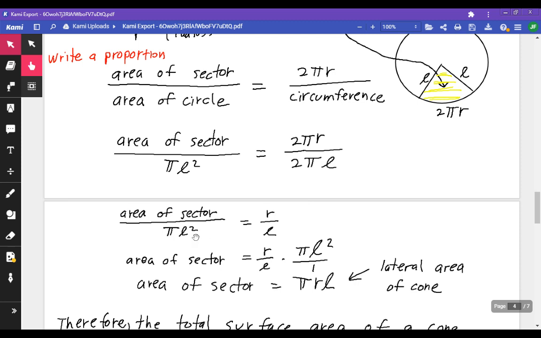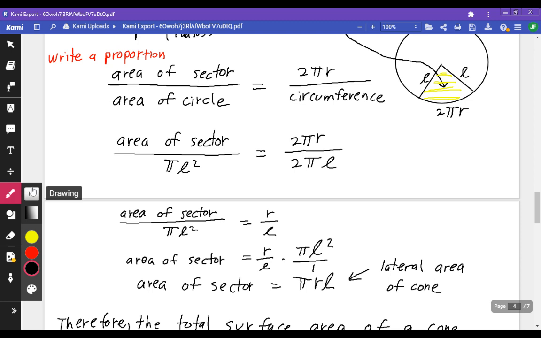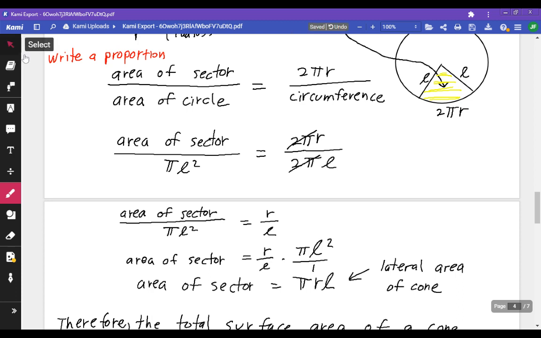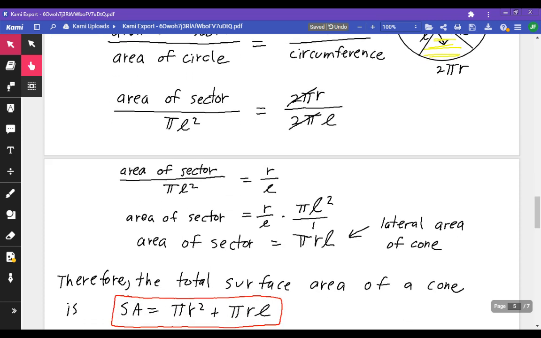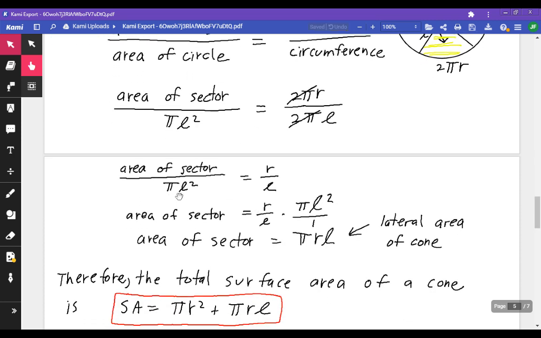Now, if you just look at the next line down, these 2 pi's are going to cancel. So just cancel the 2 pi's here, and you're going to get that right side, which is pi divided by L. Okay, now take that proportion right here and just multiply both sides by pi L squared.